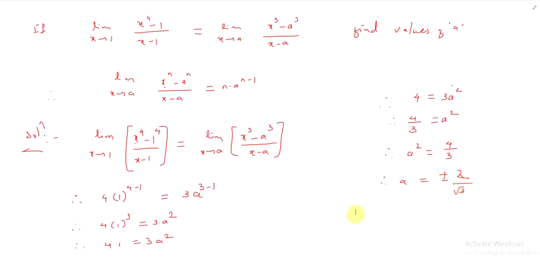Hence the possible values of a are a is equal to plus 2 by root 3 or minus 2 by root 3. Hence this is the required answer. And you can verify it again by solving it.